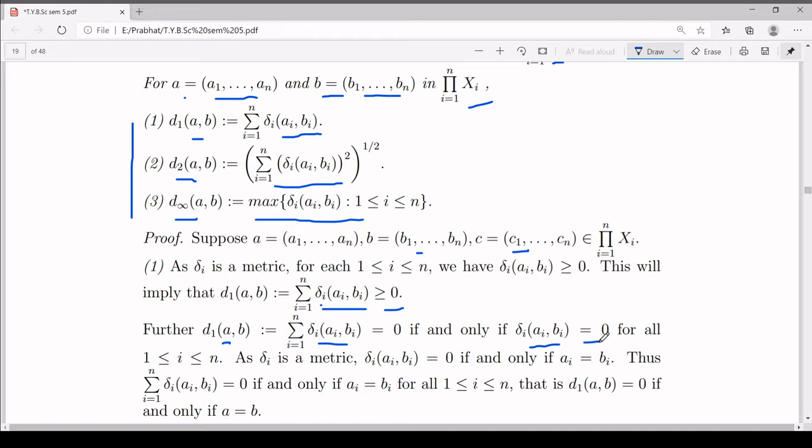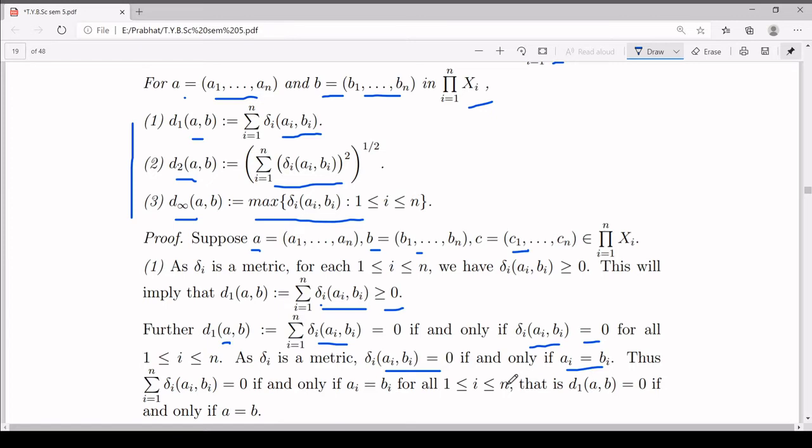Since delta I is a metric, you can conclude delta I of AI BI is 0 if and only if AI is equal to BI, and that in turn implies A is equal to B. So that is the first condition you have proved.